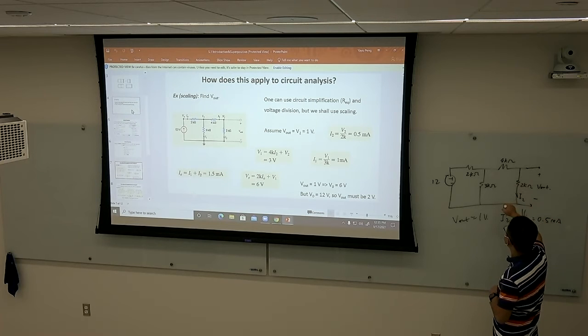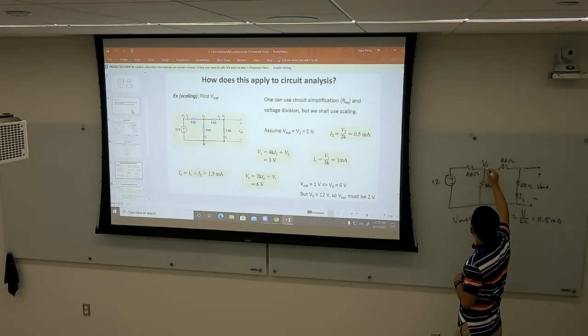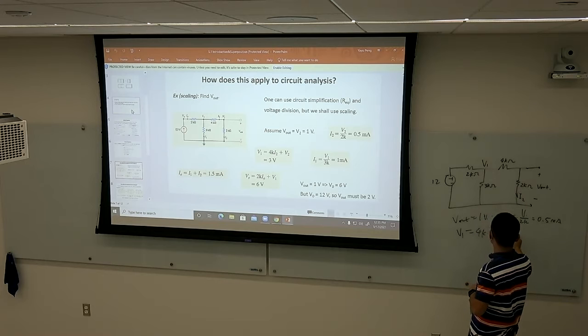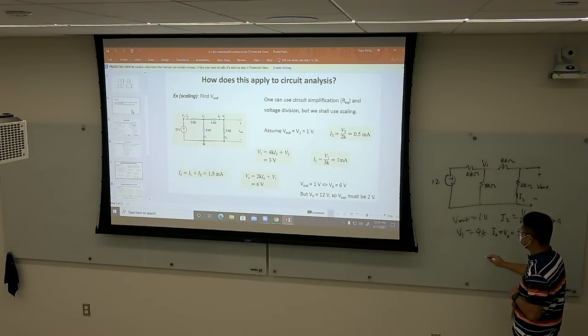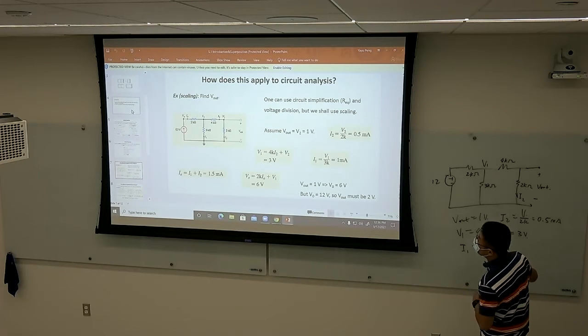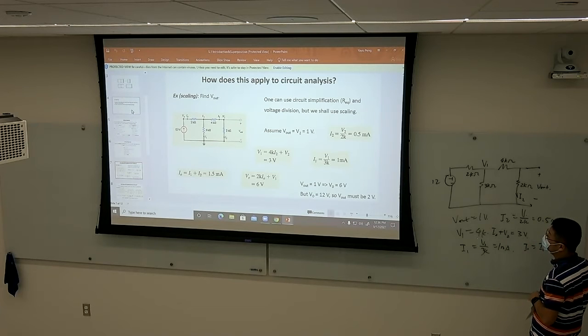So we have this current, and we can calculate V1. V1 equals 4K times I2 plus the V2, which is 3 volts. And then we can calculate I1, which is V1 over 3 equals 1 milliampere. Then we calculate I0, which is I1 plus I2 equals 1.5 milliampere.